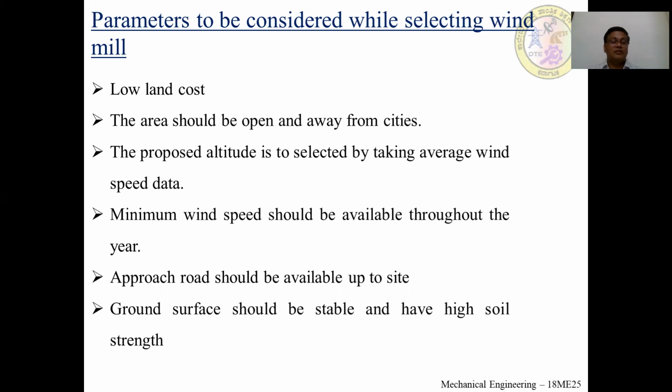That is very important, especially for the horizontal axis turbine power plant, because of the foundation and the tower. The components and equipment we use weigh in terms of tons. That's why the ground surface should be very strong. Okay. So these are the few important parameters we need to consider before selecting the windmill.